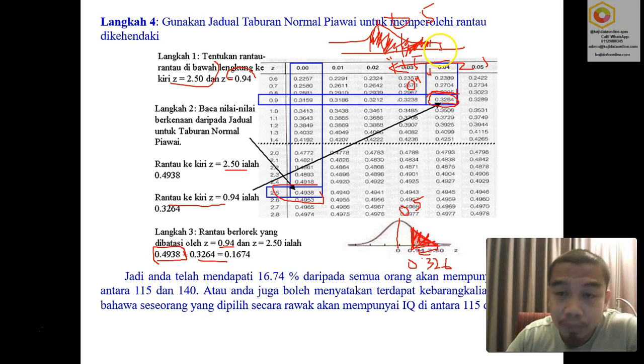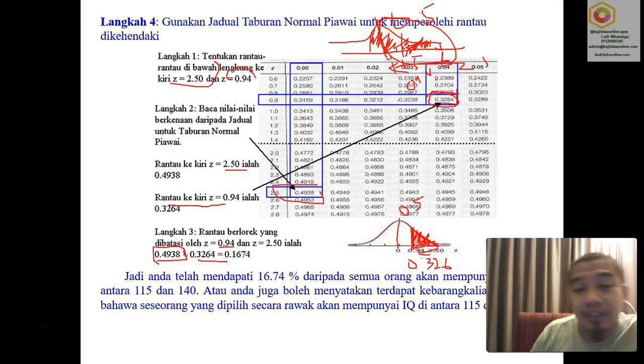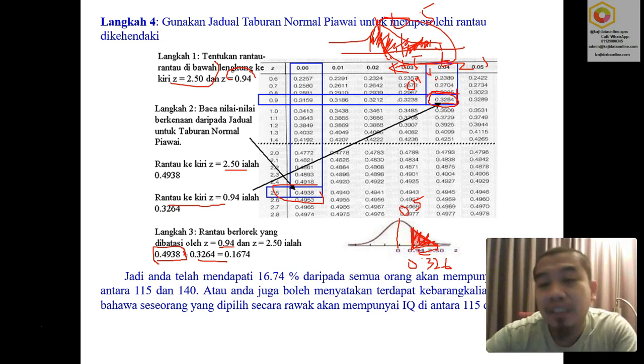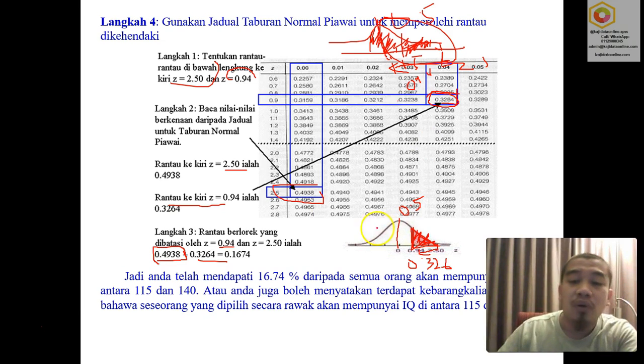So the most appropriate one is that you have this idea, 0.5. You got already 0.5. So you must use the concept of which one is the highest. This one is the highest, which is 2.5 is equal to 0.4938. So 0.4938 is minus 0.3264. You got 0.1674. 0.1674 will be converted by times 100, we got 16.74.